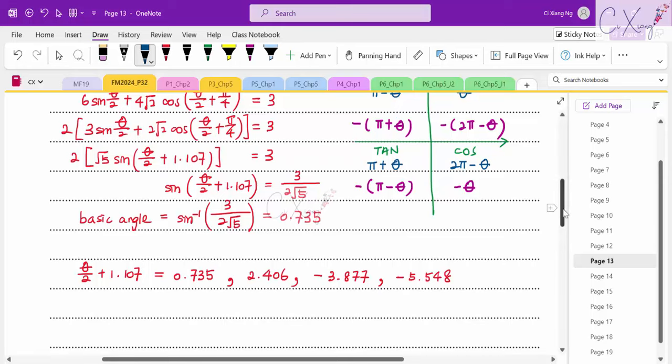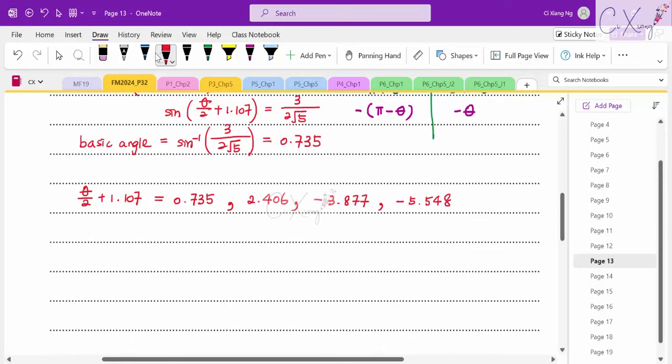Okay, now the next step. What I need to do is get the theta over 2. So let us have a look here. I want to get the value for theta over 2. To get theta over 2, we take 0.735 minus 1.107. That's the first answer.